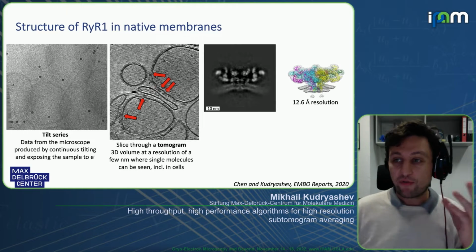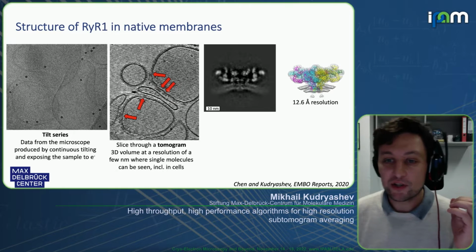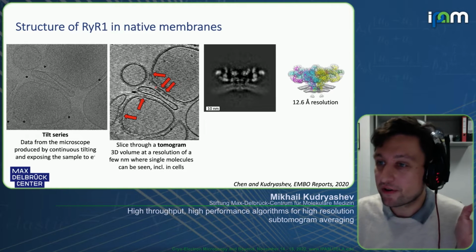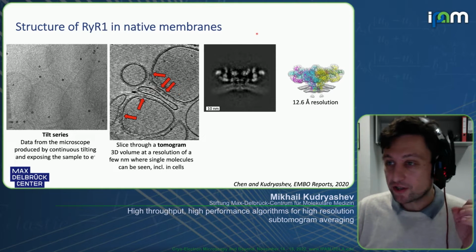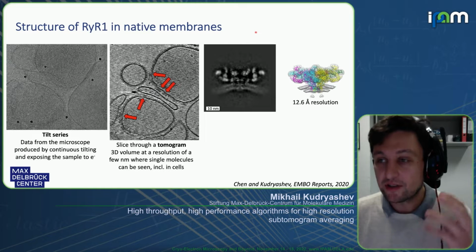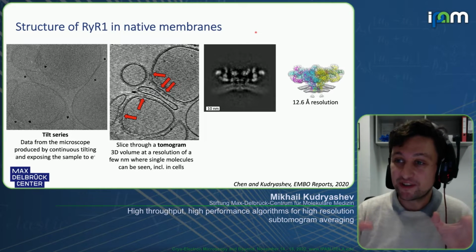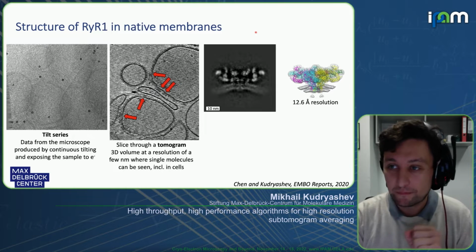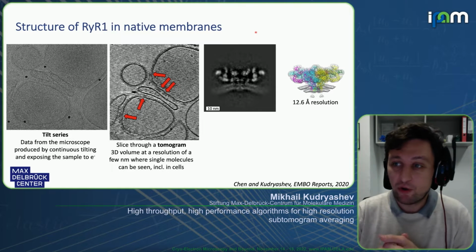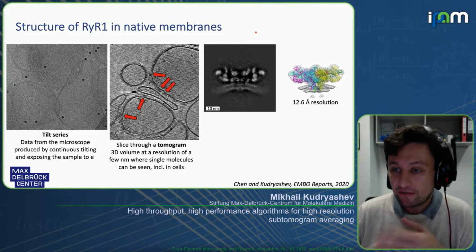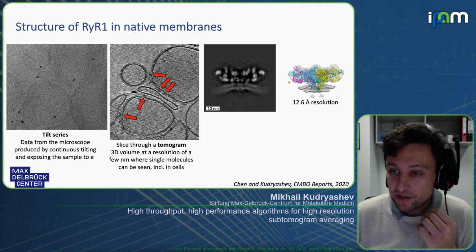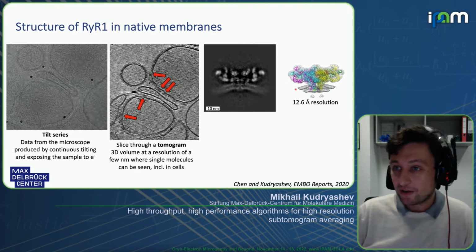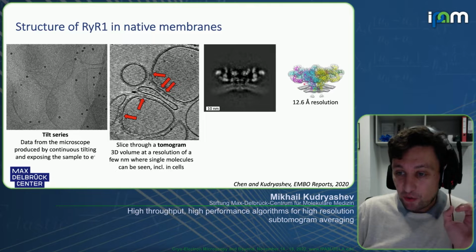In our first analysis, we could do a structure at roughly 13 angstrom. 13 angstrom is high enough resolution to fit a rigid body, to fit the available atomic model using the domain structure, and the fit is very good. Here we can see that the structure solved by the lab of Joachim Frank fits rather well.